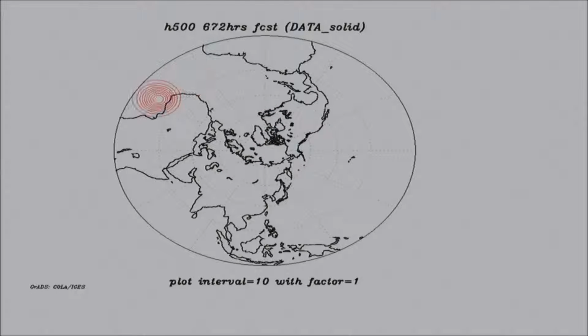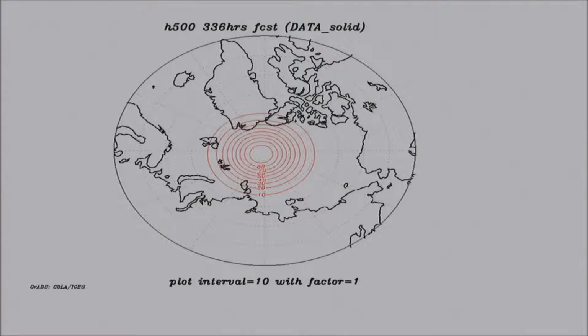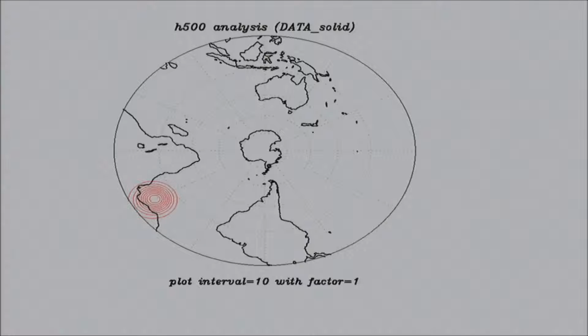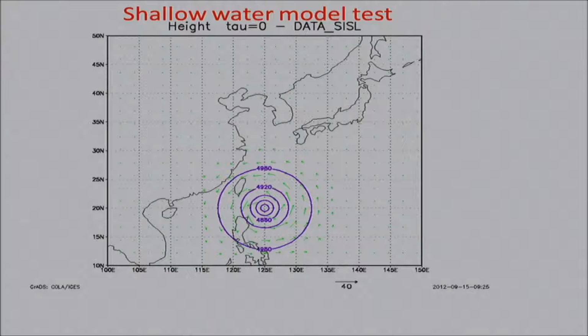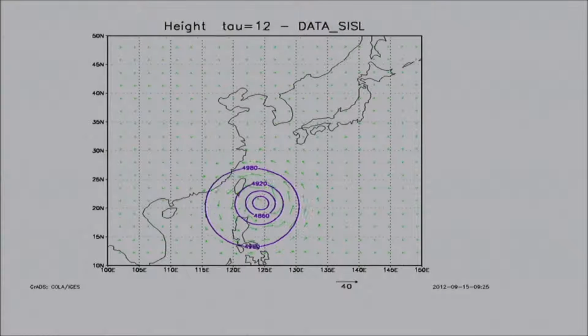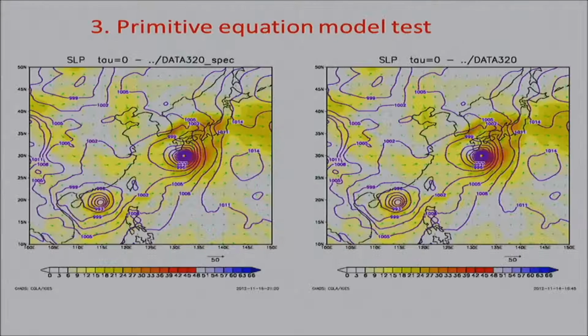If we zoom in, we see it goes across very well. This is across the South Pole, and zoom in to see. This is the shallow water model test. We put in a ringing vortex and then use the shallow water model. You can see this scheme works quite well.